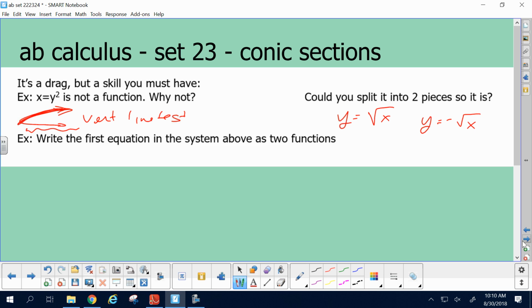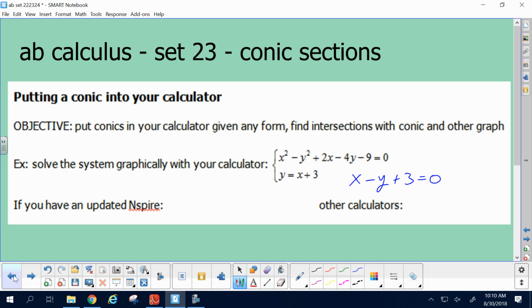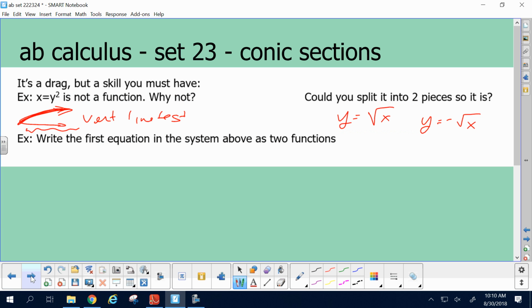Now, the problem then is sometimes you're going to have to do that. X squared minus y squared plus 2x minus 4y minus 9 equals 0.